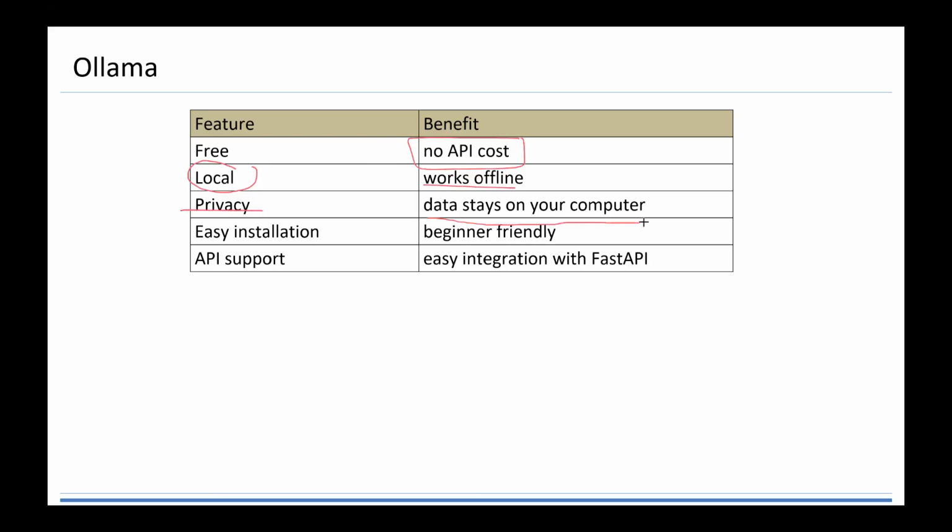So the data stays on your computer, so you don't need to share any kind of data. And easy installation. So actually, if your computer is your personal computer, then you can just install it and then it works directly. And API support. So if you want to integrate with the FastAPI, it is not that complicated.